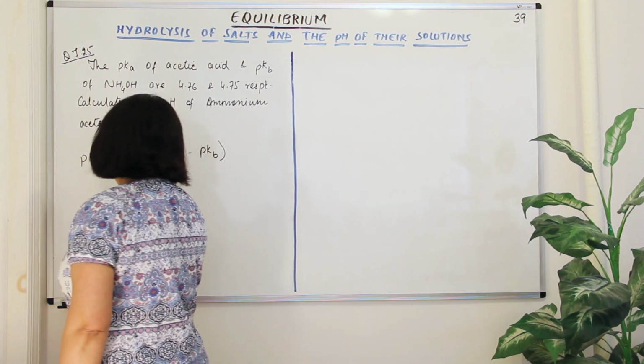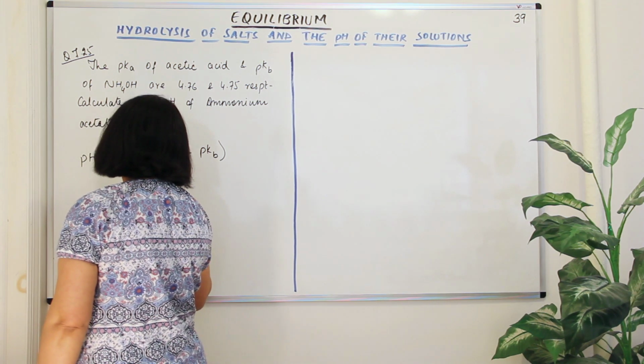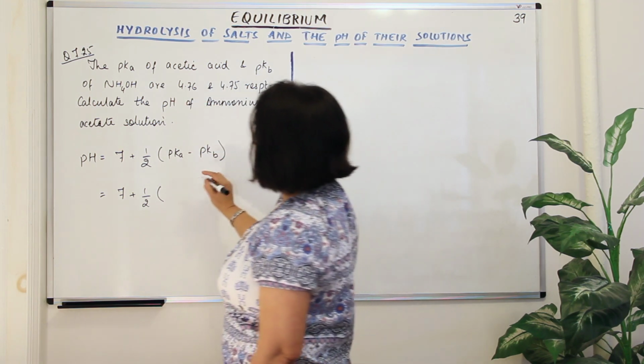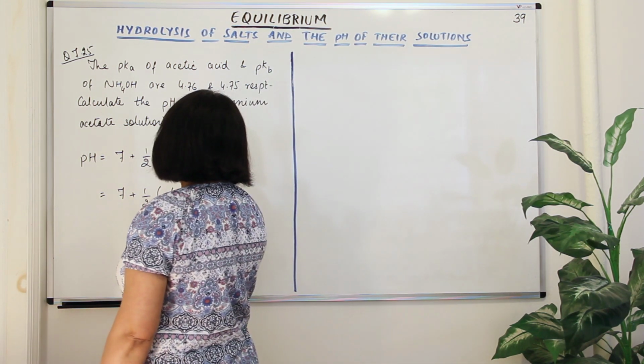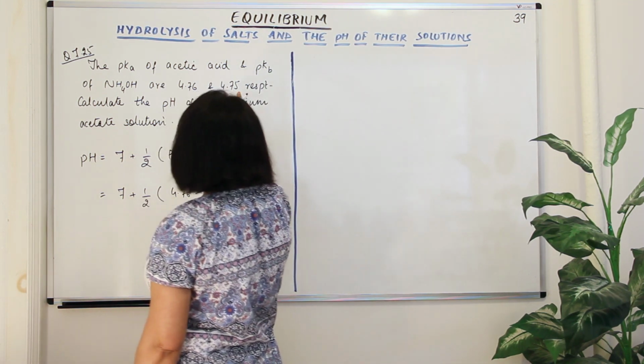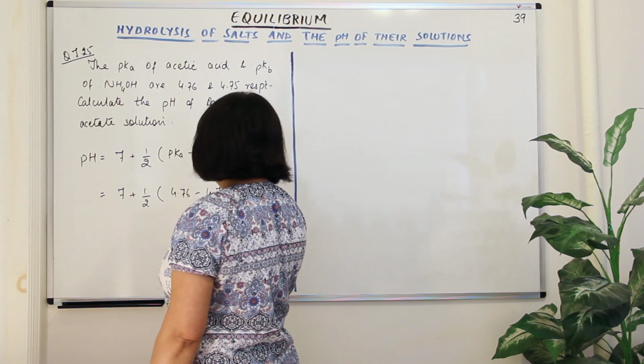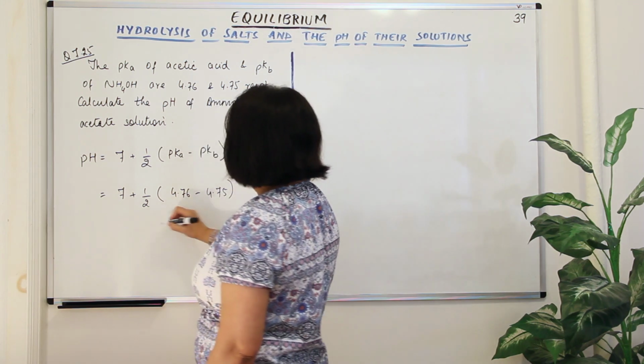So this would be equal to 7 plus half of the pKa and pKb values given to us. The pKa value of the acetic acid is 4.76 and the pKb value is 4.75, right?